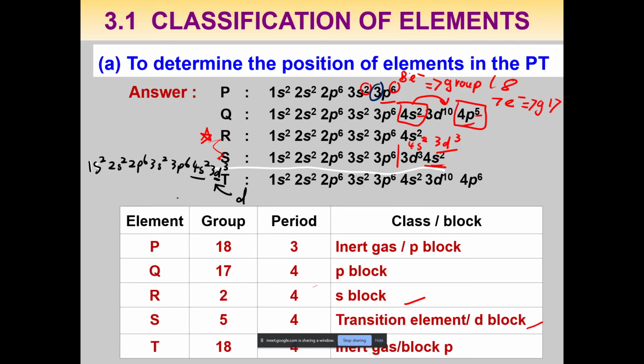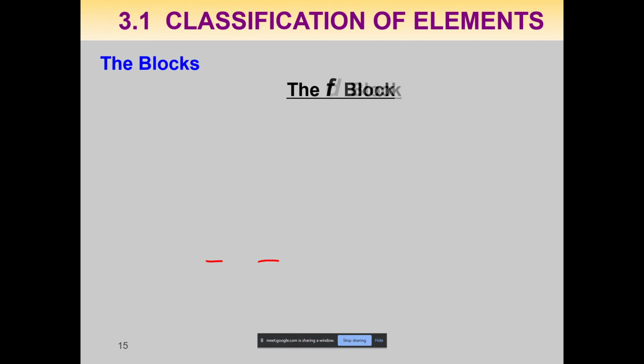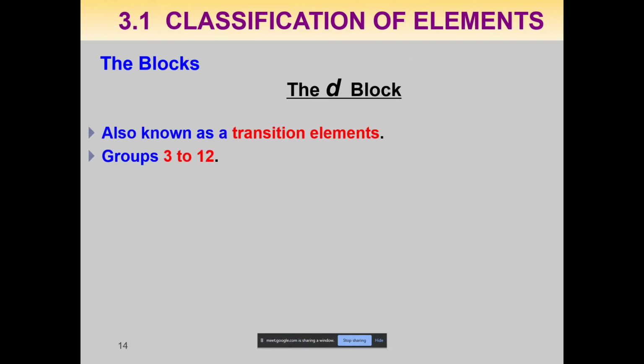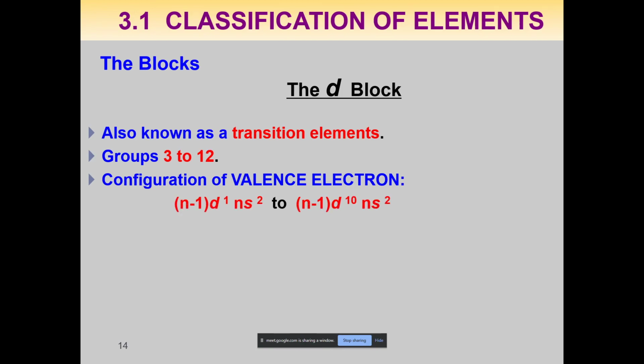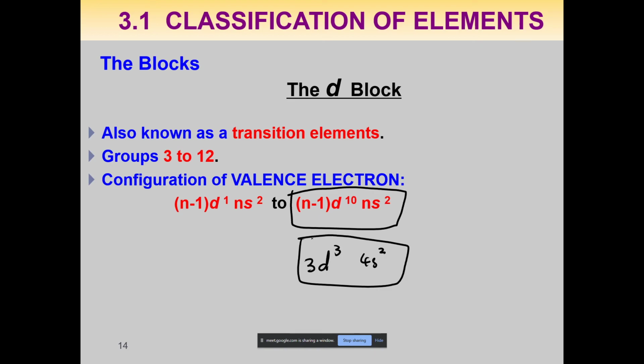Okay, untuk D block is special. Sebab D block, you guys tengok. Okay, D block, dia punya valence electron is here. Okay, so kalau dia 4s2, 3d3 is also considered as valence electron. Memang saya cakap tadi untuk valence electron you guys only consider the highest principal quantum number kan.